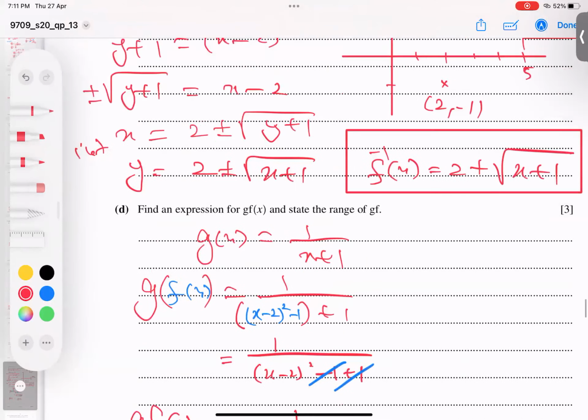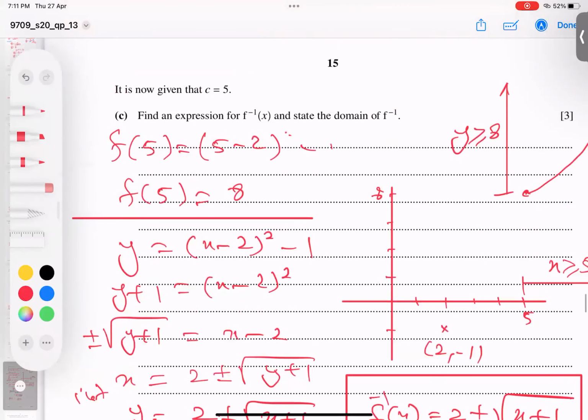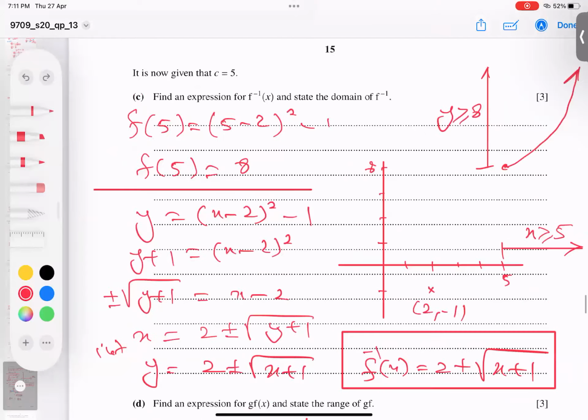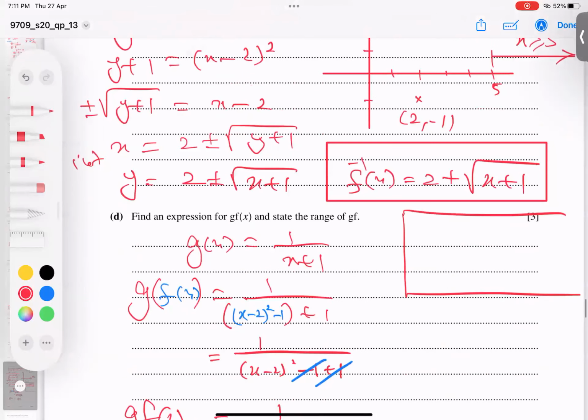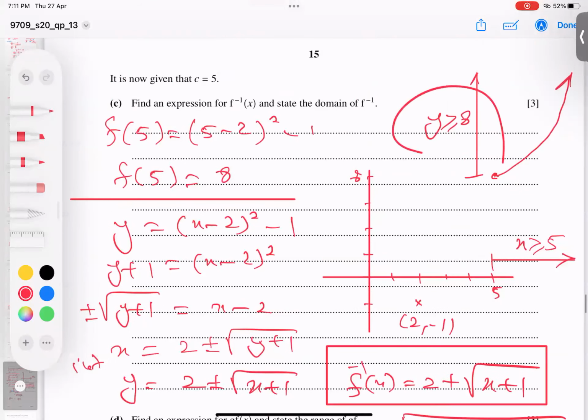The harder part, sorry, I missed one part here: the domain of f inverse. Hold on. What is the basic criteria for it? The domain of f inverse is actually the range of the function. And what is the range of the function?